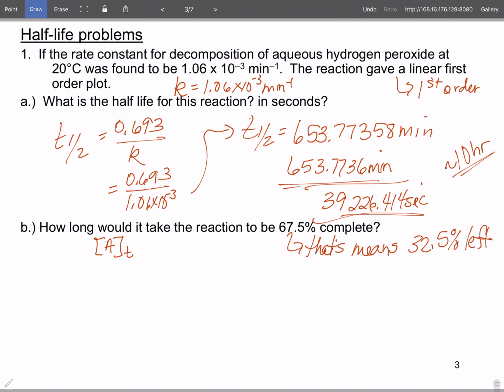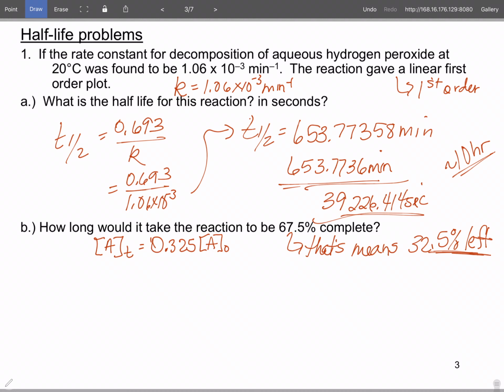And the trick is that's the part we need to put into our equation. So what we're saying is it is at time t, which we don't know what it is, then we have 0.325 of whatever we started with. Remember, A sub 0 is the original, times 0.325. So that's the original amount.